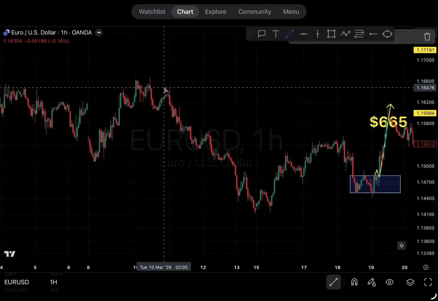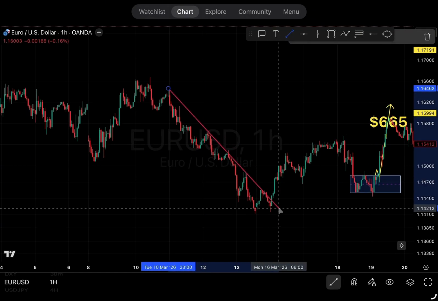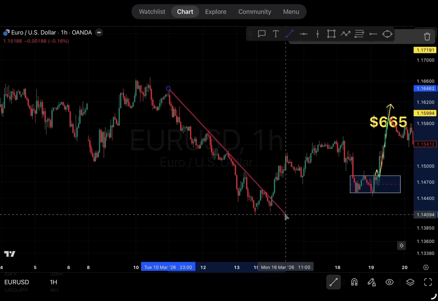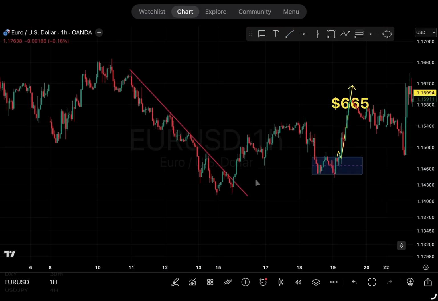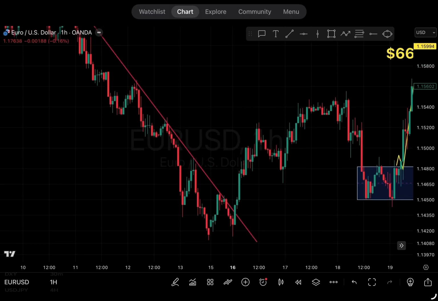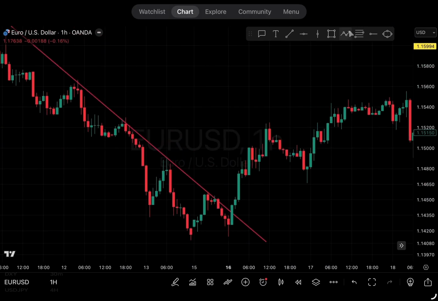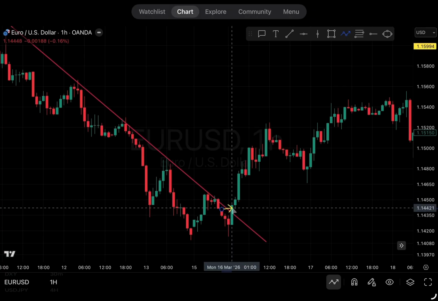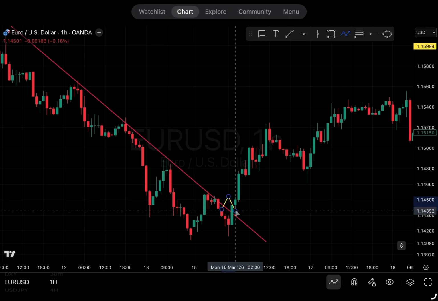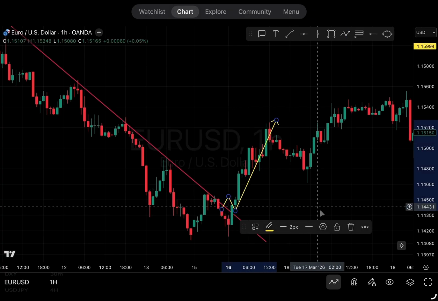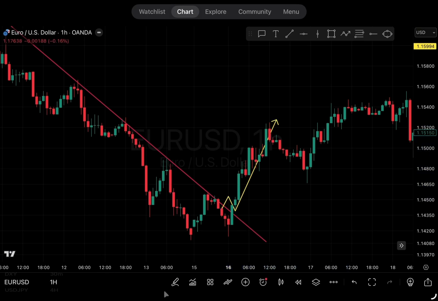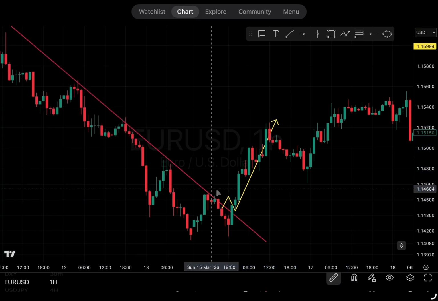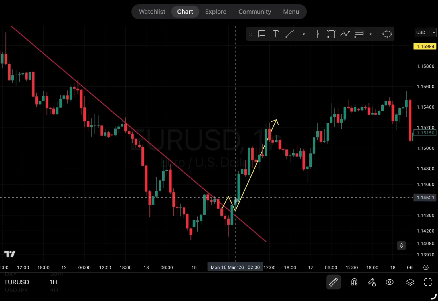I see a downtrend happening right here. Very clear break and retest. Break here, retest here, upwards. Handy dandy measuring tool.